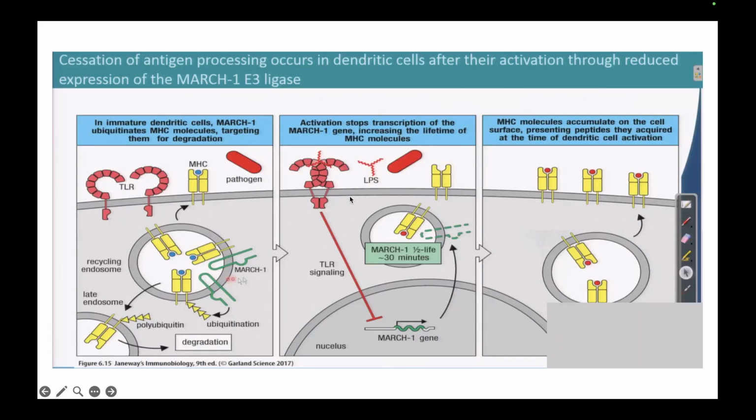In immature dendritic cells, MARCH1 ubiquitinates the MHC molecules, targeting them for degradation. Usually, if in one scenario you put a macrophage in culture, on its surface you will find MHC molecules but not many.